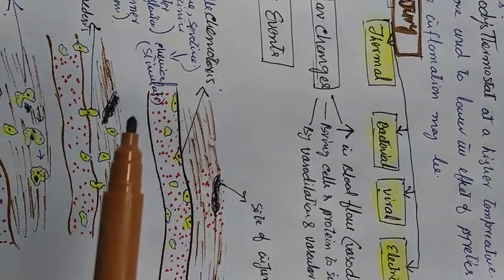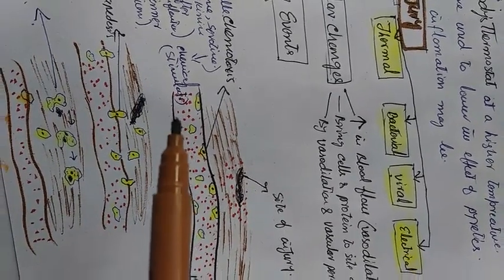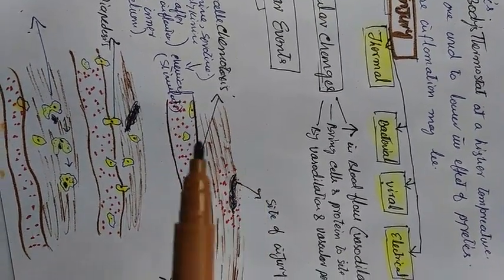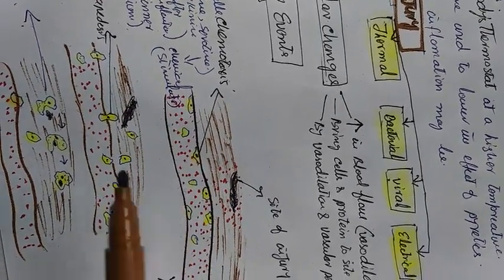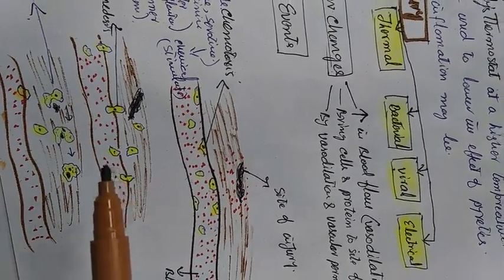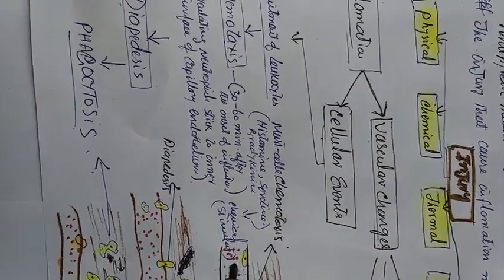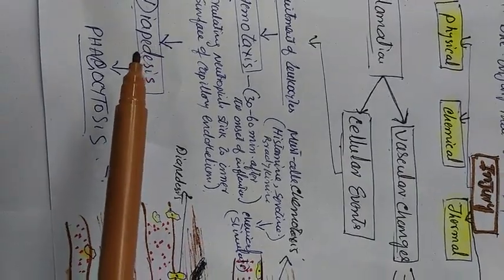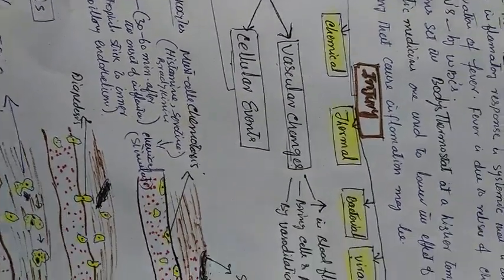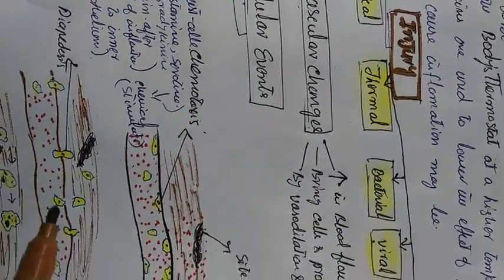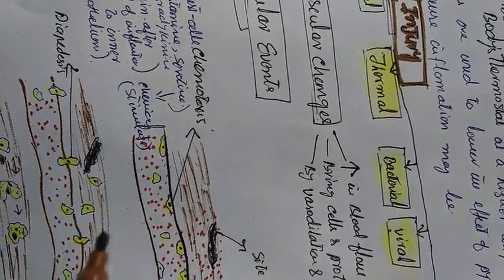This chemotaxis occurs 30 to 60 minutes after the onset of inflammation. The circulating neutrophils begin to stick to the inner surface of the endothelium of the capillaries, and the next step after chemotaxis is diapedesis. Diapedesis is the passage of blood cells, that is the leukocytes, through the unruptured walls of the capillaries into the tissue cells.